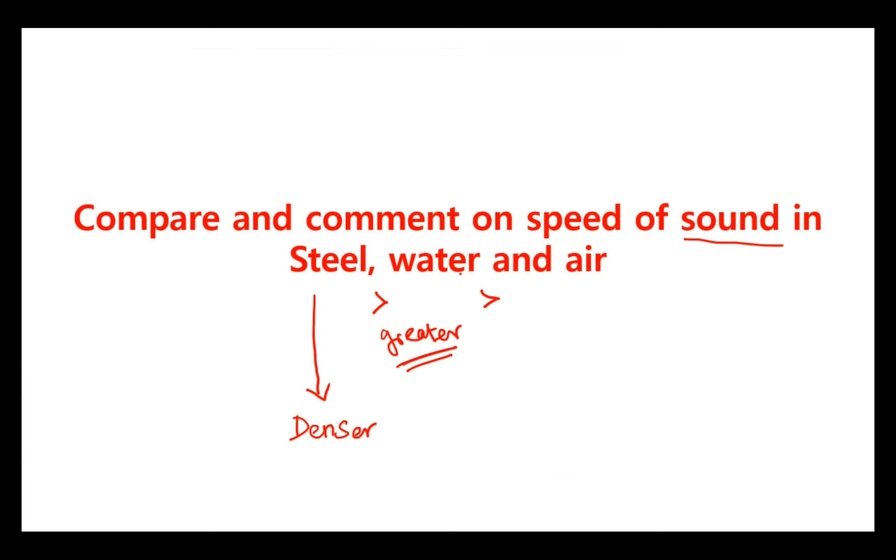That's why sound propagates more in steel, a solid material, compared to water and air. First is solid, second water, and third air, because air is less dense. And one more set of characteristics to consider: one is tensor, second is bulk modulus.